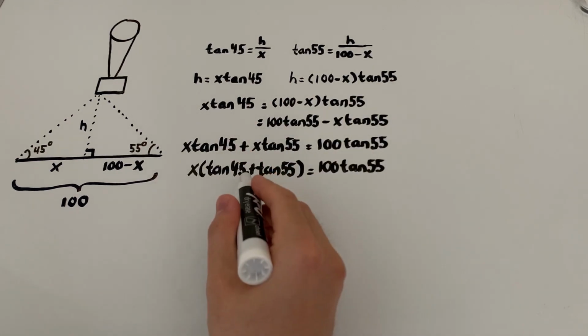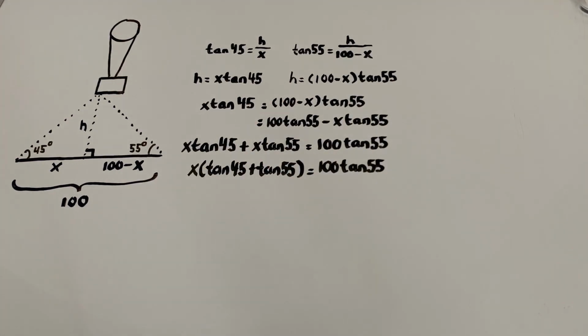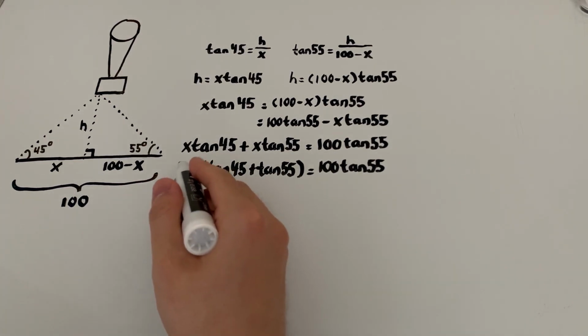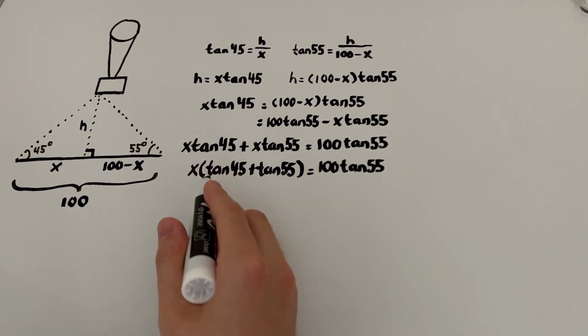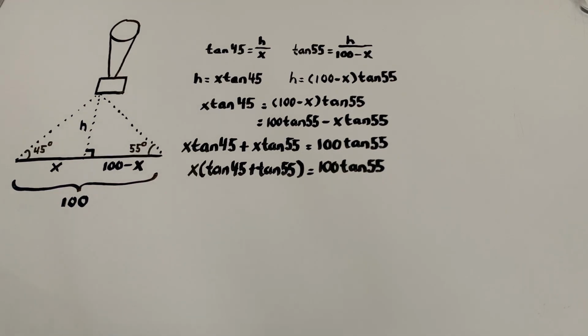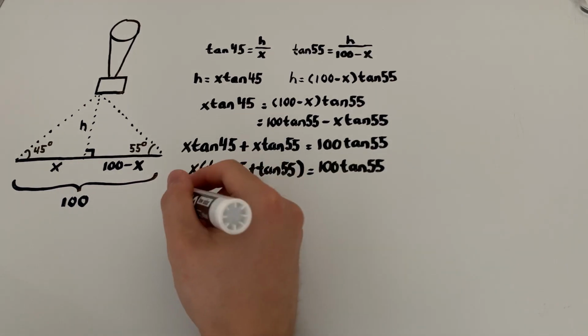Sorry if that plus looks like a t. Hope that doesn't bother you too much. Okay. Now we're going to solve for x on its own by dividing both sides by tangent 45 plus tangent 55. Pretty crazy.